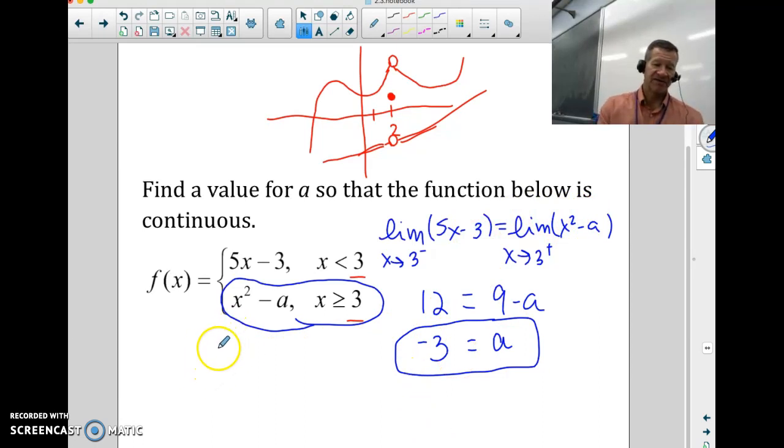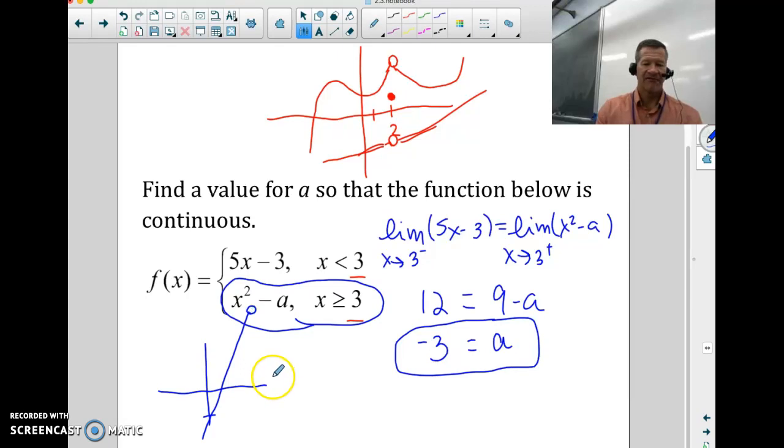If we would graph this, so if I would graph 5x minus 3, it'll kind of look like this. I'll have a y-intercept at negative 3, then up 5 over 2, up 5 over 2, up 5 over 2. It'll be a line with a slope of 5/2, right? But I'm only graphing it to the left of 3, right? Notice it would have a point at (3, 12). Okay?